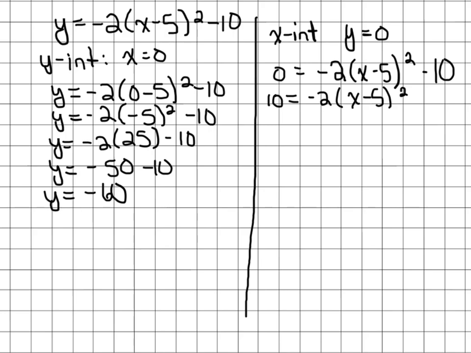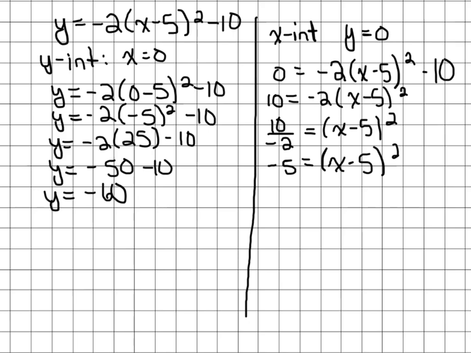Now I'm going to divide both sides by -2. So I have 10 divided by -2 equals (x minus 5) all squared. That gives me -5 is (x minus 5) all squared.